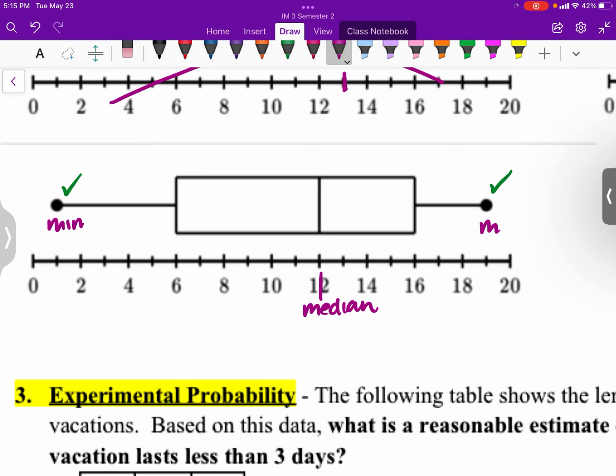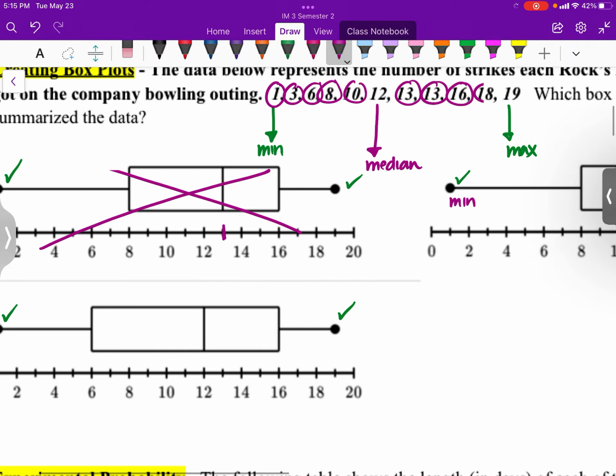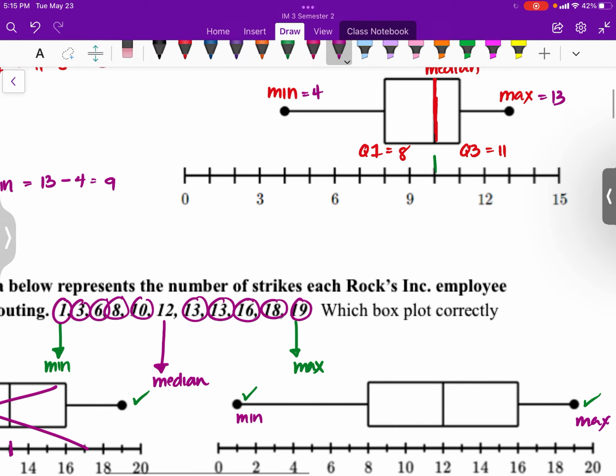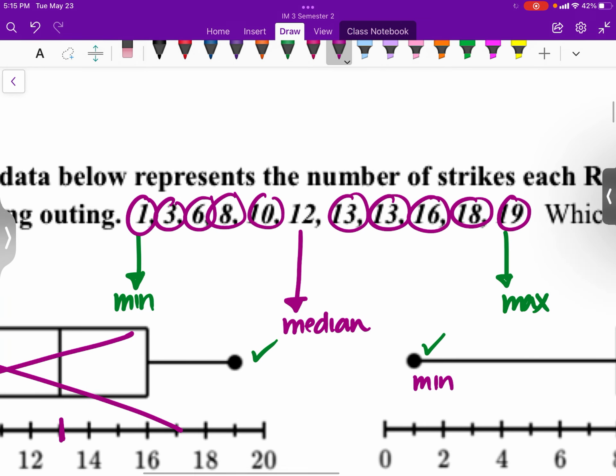And min and max. Now let's focus on the Q1 and the Q3. The Q1 and Q3 are based on the data before and after the median. Since our median is one number, we're not going to include it. So let's cancel 1, 1, 1, 1.